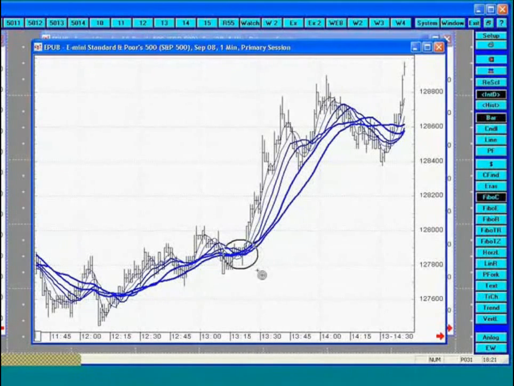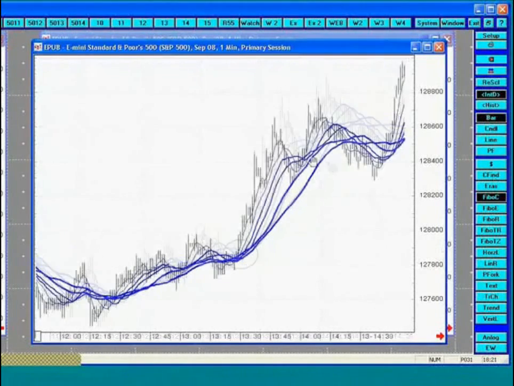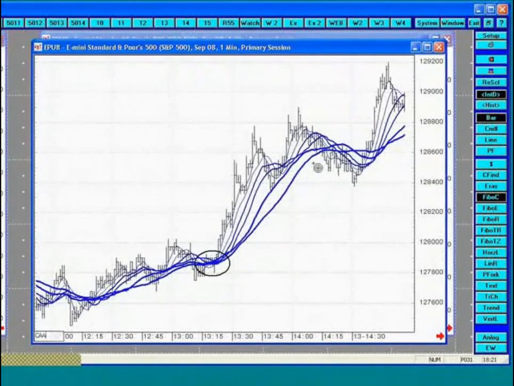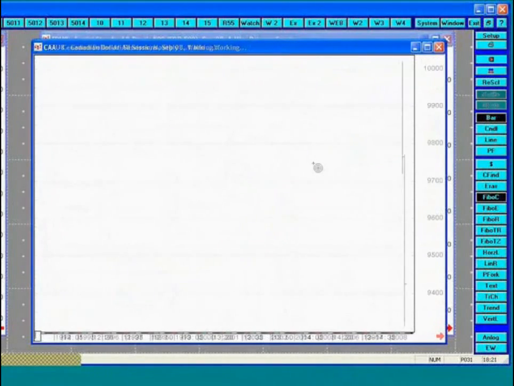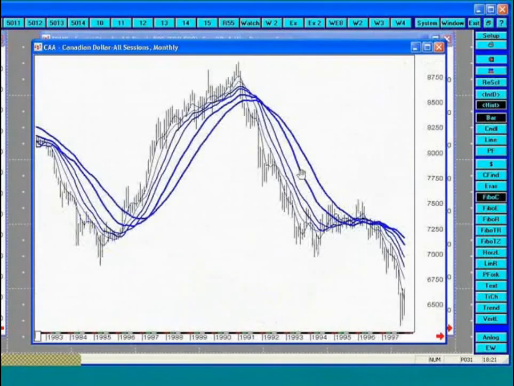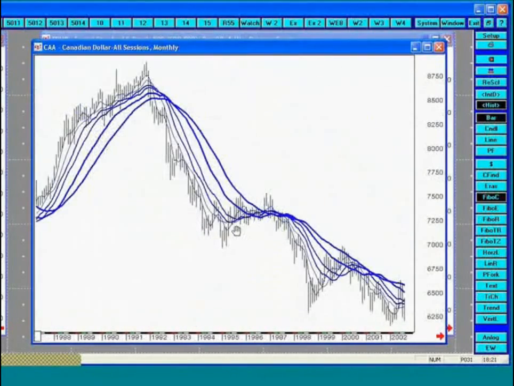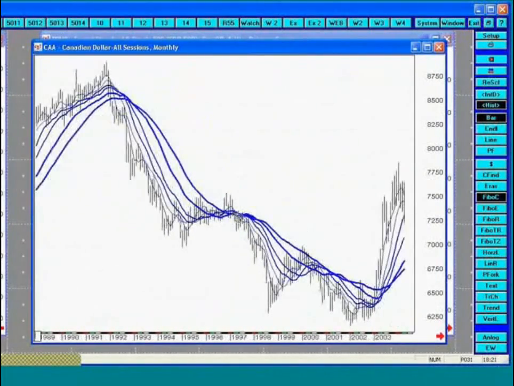It led to a nice little move, a nice little pop up. And then here's the Canadian dollar monthly, back in, I think it was 1996. Yeah, right here. Again, moving average compression. Whenever these moving average lines come together, it denotes the making of a significant and sizable move in the markets.